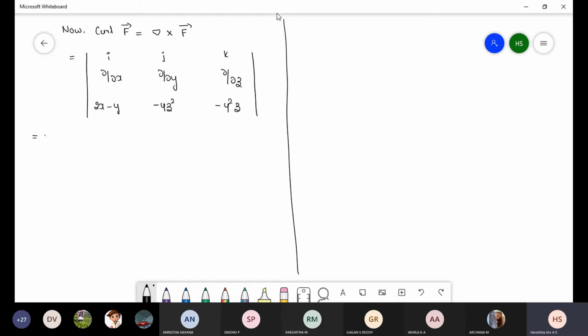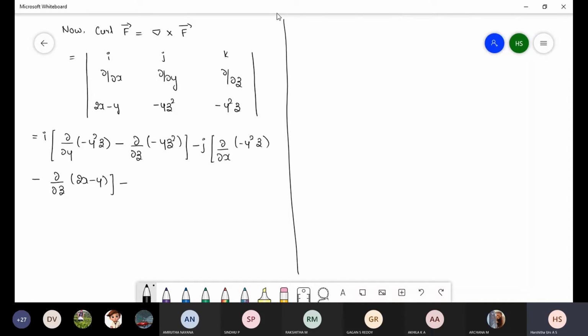Now use the determinant rule. i into dou by dou y of minus y squared z minus dou by dou z of minus yz squared, minus j into dou by dou x of minus y squared z minus dou by dou z of 2x minus y, plus k into dou by dou x of minus yz squared minus dou by dou y of 2x minus y.